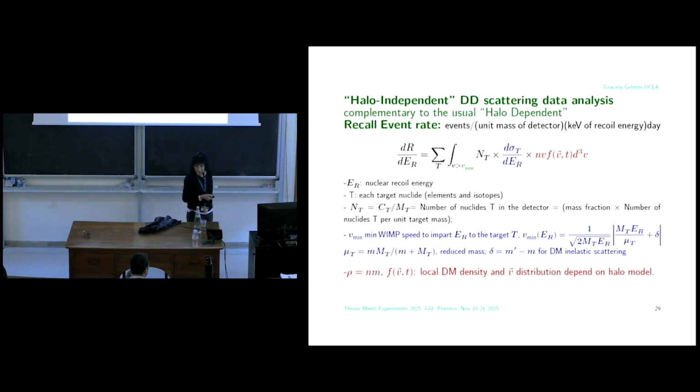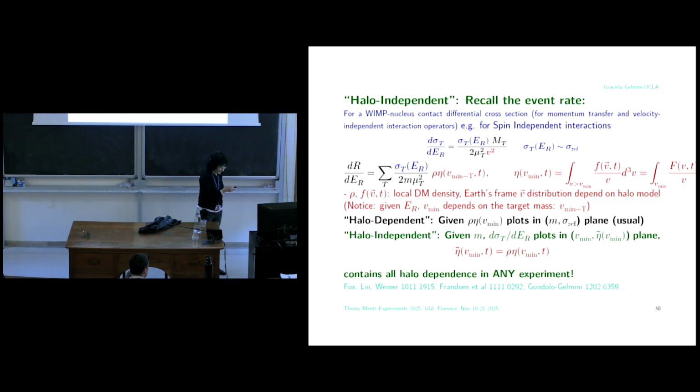For each nuclide, there is a relation between E_R and v_min. Okay, perfect. So the density and this distribution is the only thing that characterizes the halo and should be common to all detectors and all detections, because the halo is unique. You are in the same halo.